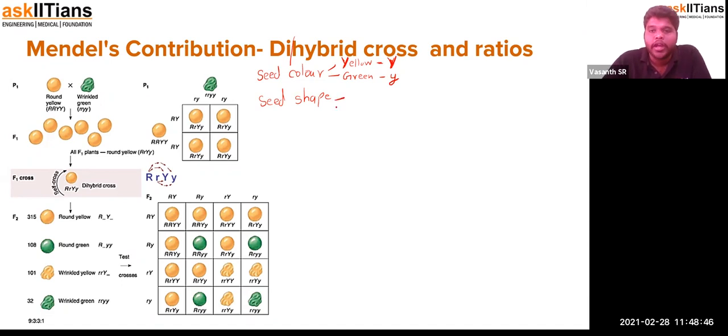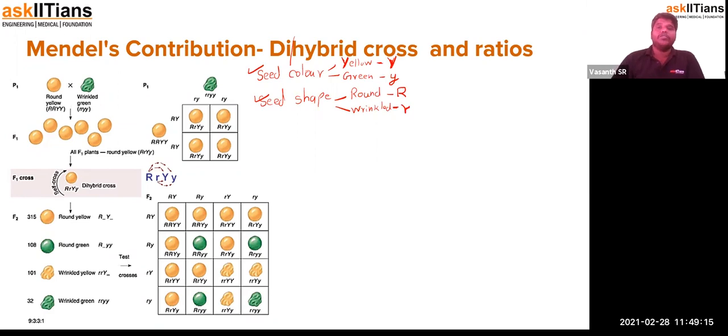Seed shape again has two: round and wrinkled. Round being dominant, we take capital R, and wrinkled being recessive, we take small r. So these are the two characteristics: one is seed color, another is seed shape. Dihybridization is the hybridization of two characteristics with four different expressive traits.